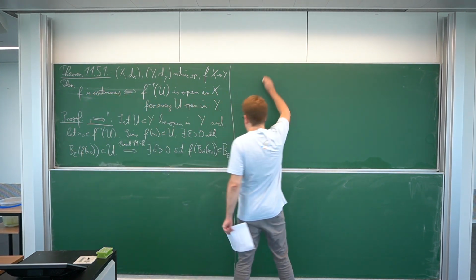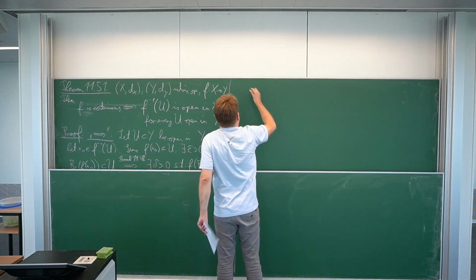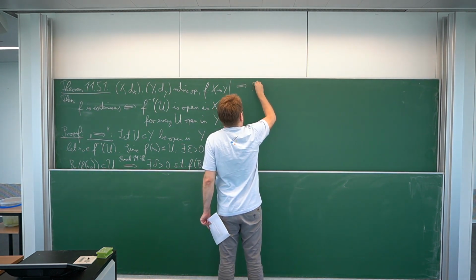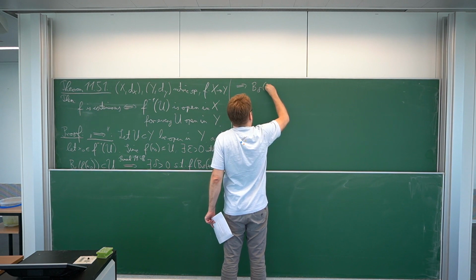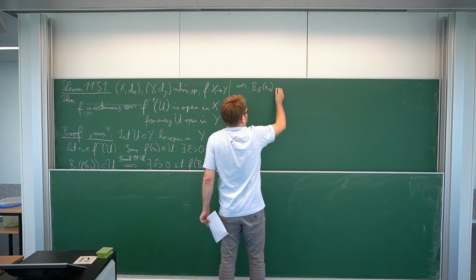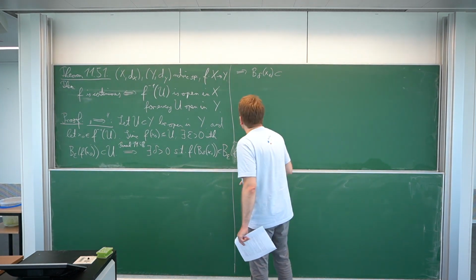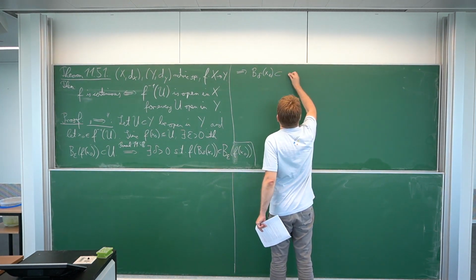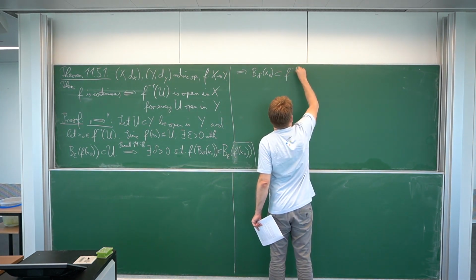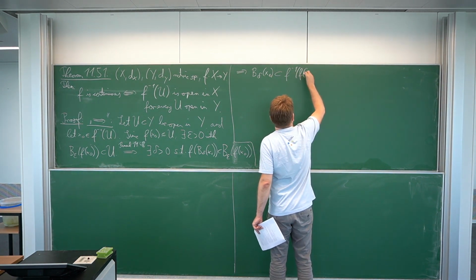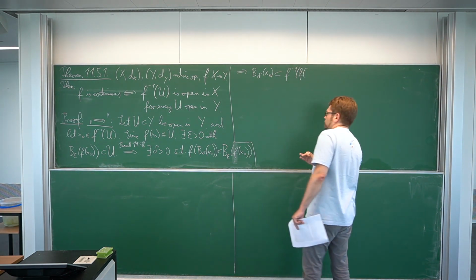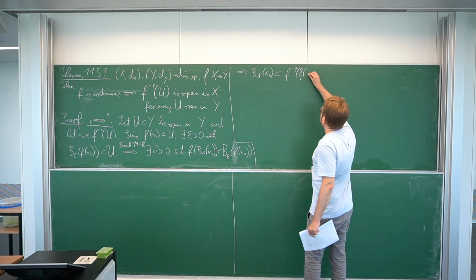Just some set theoretic properties, namely, we then know that B delta around x0 is now contained, and if we now take preimages here on both sides, we know that a subset is always included in the preimage of the image of a set. There we don't need continuity or anything. This is true for every map, some standard relation.